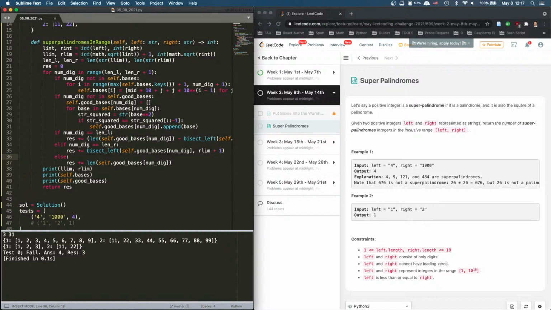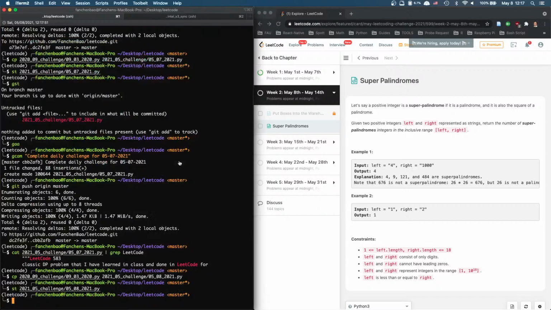Okay, left limit, do we plus 1? Because what I think is, if we get a fraction number, like when we do int and a square root, then it's not going to work. What we want is ceiling, I think.